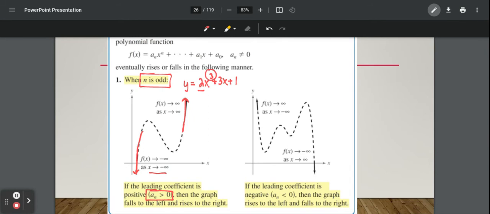Again, if we had a negative leading coefficient and an odd degree, something like this, and I don't know that these equations are the graph, but it's more about the odd degree and negative leading coefficient, then your arms switch. So when x is going towards negative infinity, your y goes towards positive infinity. And as x goes towards positive infinity, your y goes towards negative infinity.